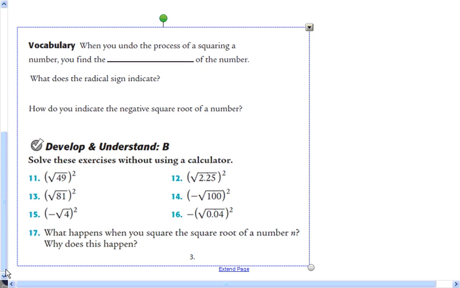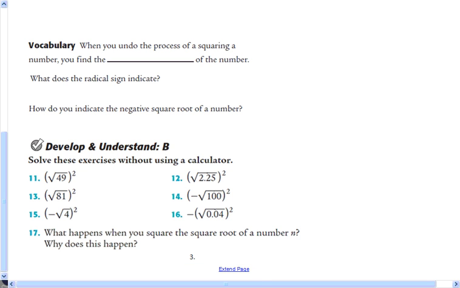I think we can maybe do one more problem here, and then we're going to stop. Think about a problem like this, where we have the square root of 2.25, and we square it. I'm going to do one where we know the answer. We know that the square root of 100 is 10.